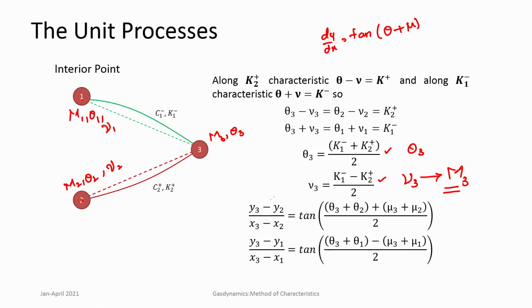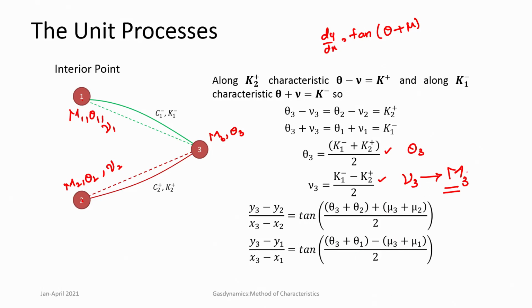So, dy by dx is approximated as a straight line. y3 minus y2 by x3 minus x2 is tan of theta plus mu, where they are average angles. Similarly, y3 minus y1 by x3 minus x1 is tan of the average angles again. Okay.